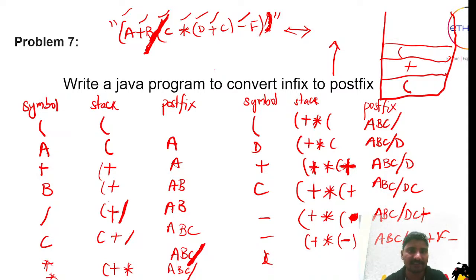Now inside this, if this character is a letter or digit, what has to happen? Letter or digit means A or B or C or something else. So this needs to be added into the postfix expression.